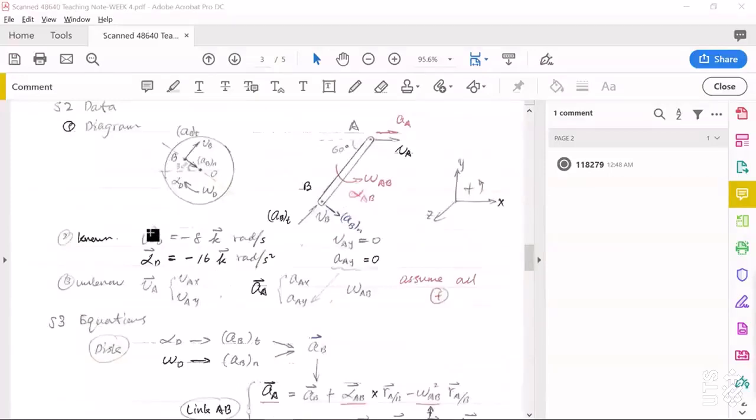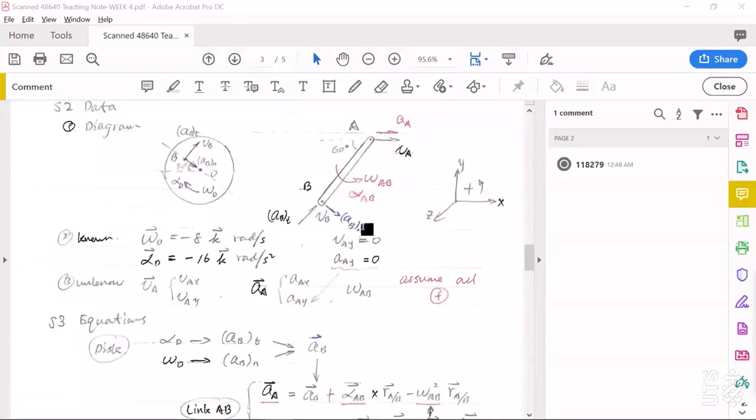Okay, here you can see we already know omega D, we already know alpha D, both of them are negative according to this defined coordinate system. We already know VAY and AAY. Why are they 0? Because at this point A, VA and AA must be horizontal.